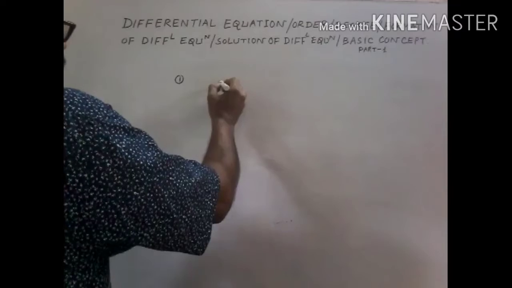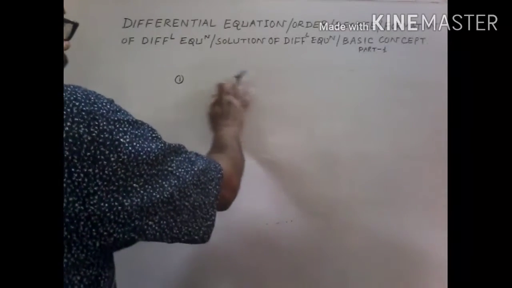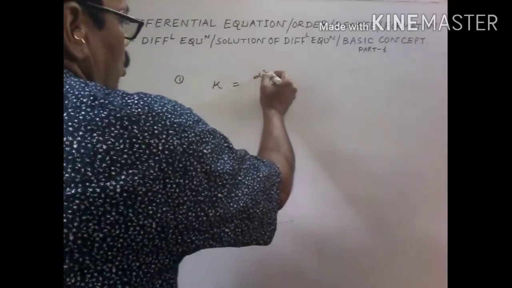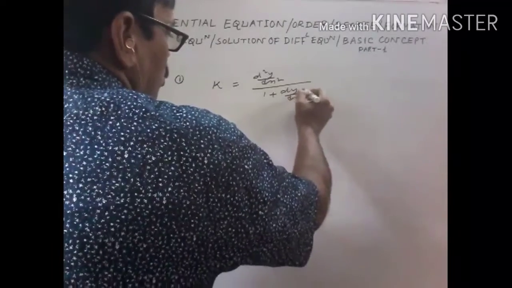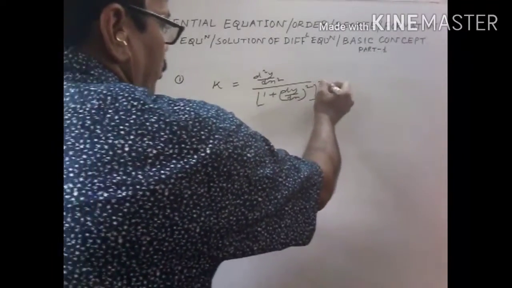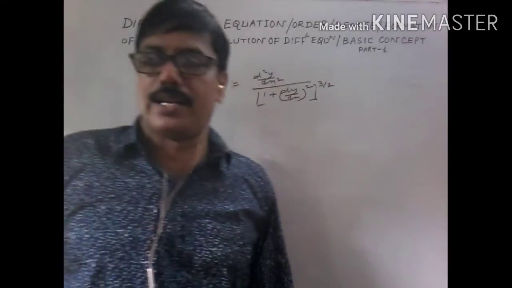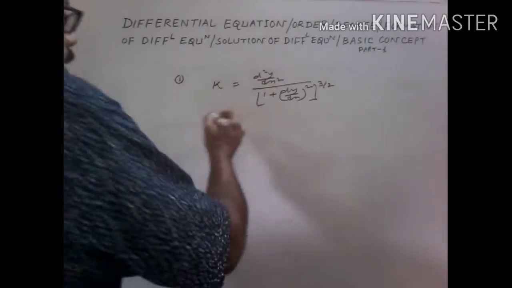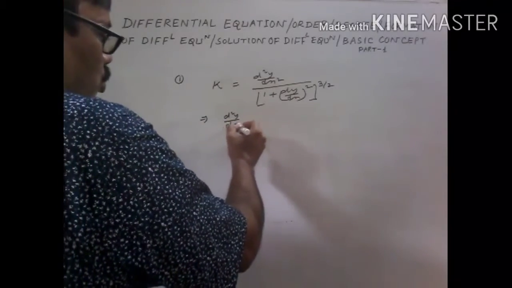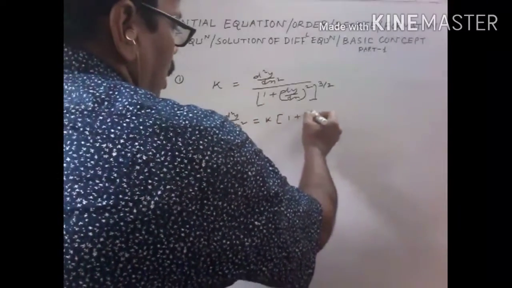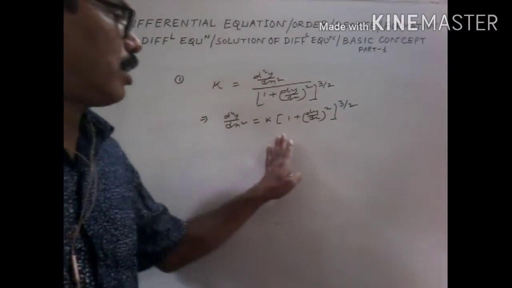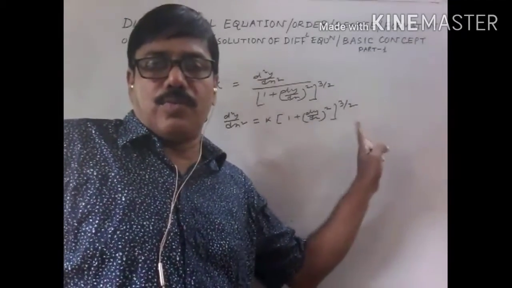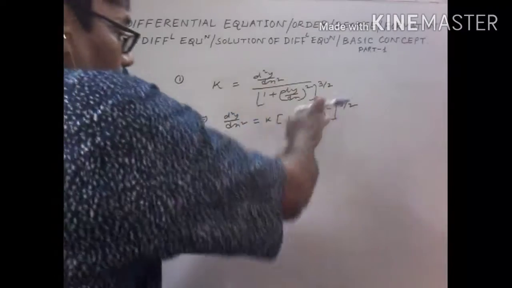Find the order and degree. Look, d2y dx2 equals k into 1 plus dy dx whole square, power is 3 by 2. Now here look, the radical part 3 by 2 is not an integer and occurs in the derivative.